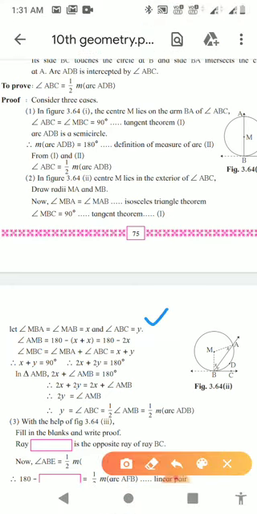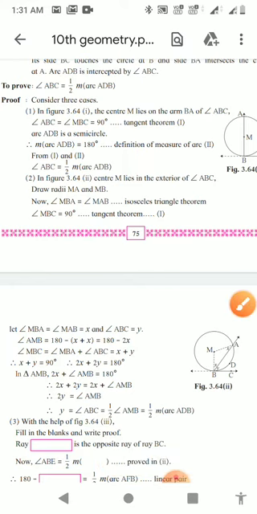So I will just put the values. Now we can say that X plus Y is 90 degrees, because from equation 1 this MBC is 90 degrees. Multiplying the complete equation by 2, I get 2x plus 2y equal to 180 degrees.